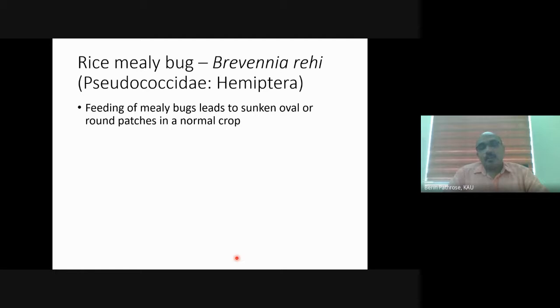Then there are a few pests which are not common in our state. That is rice mealybug, Brevennia rehi. All the mealybugs belong to the family Pseudococcidae of Hemiptera. It feeds on the plant from the base and leads to sunken oval or round patches in a normal crop.